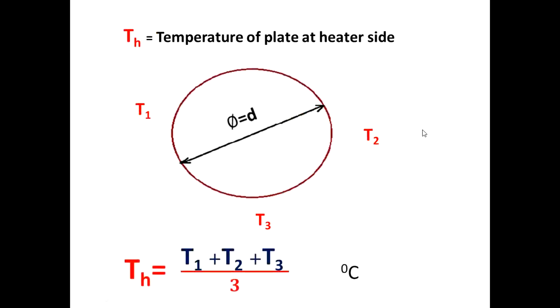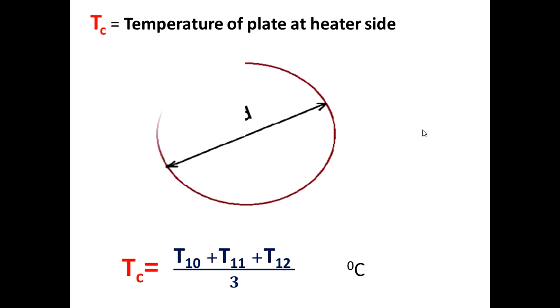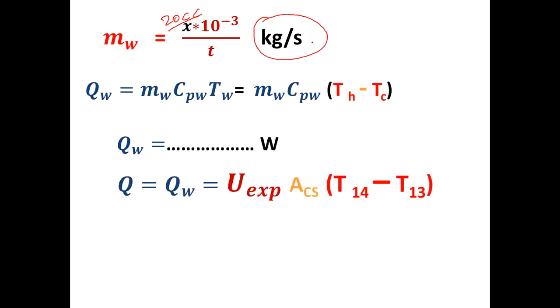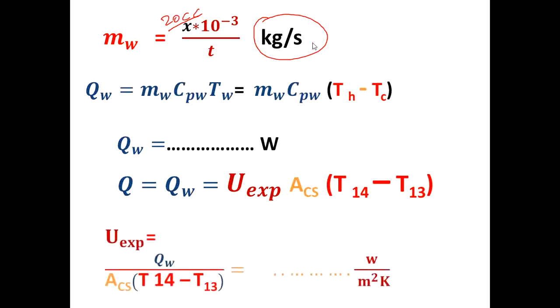Take the average temperature for the hot and cold sides. Take the mass flow rate of the water for a certain amount, like 20 cc, and it will be converted into kg per second. Therefore QW is equal to U experimental A into T14 minus T13, so U experimental is given by QW divided by T14 minus T13.